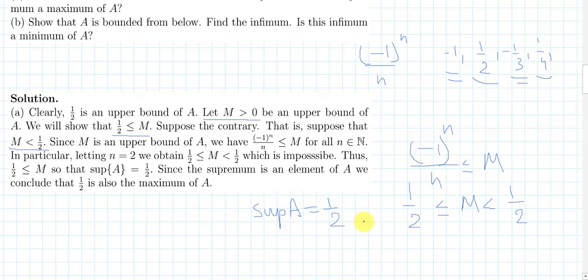So we showed that there is no other term which is greater than 1 over 2. The 1 over 2 is the greatest one. So this is the supremum, the least upper bound.